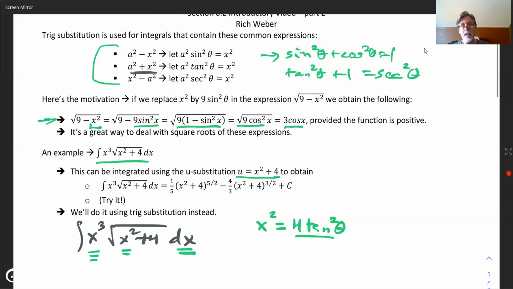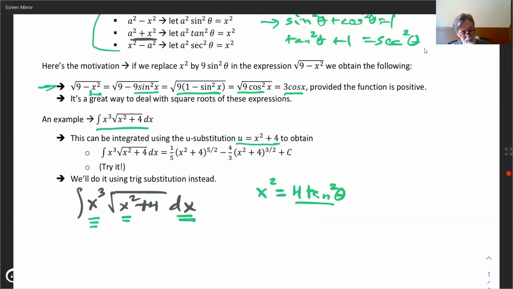So we're going to have to do a major surgery on this problem. So first we'll say, you know what, x is, I square root both sides, 2 tan theta. Are you good with that? So if I need an x cubed, I just cube that, and I get 2 cubed is 8, tan cubed is tan cubed, like so. So now we know what goes in for x cubed.